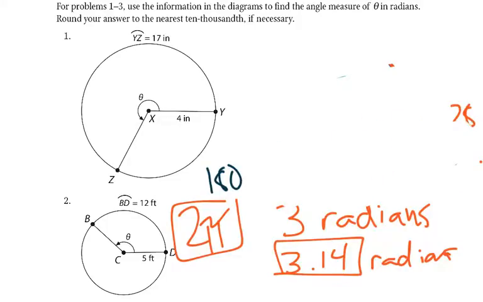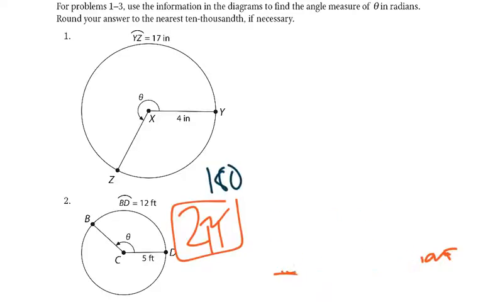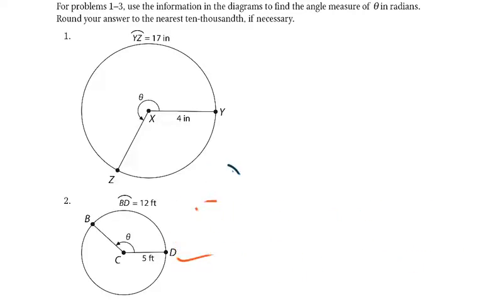Now we need that information when we're trying to figure out this radian given the measure of our arc, or length I suppose, which was 17 inches, is how big this is. Okay, and then we want to know that angle. So we know the radius.